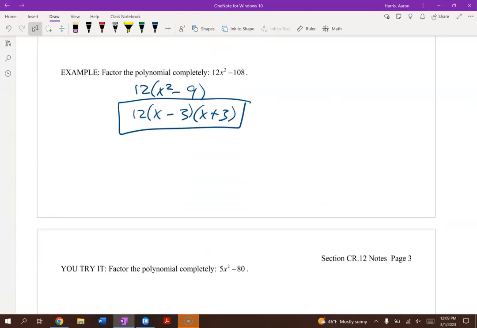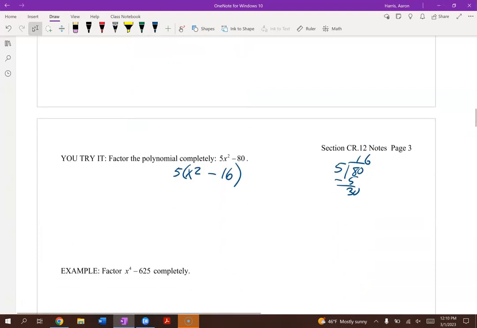Same thing for this, and 5x squared minus 80. Take a what out first? And you're left with 80 divided by 5, 16. Right? And then we got another difference of squares.